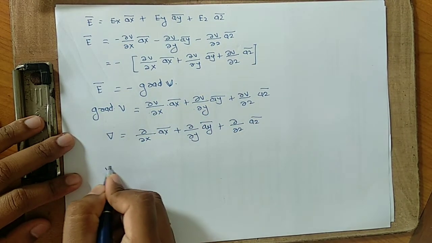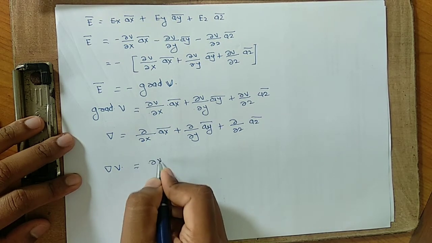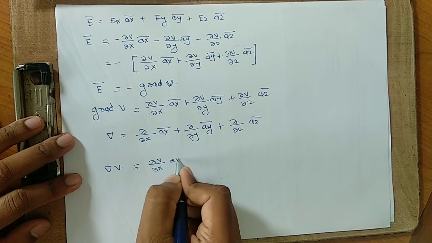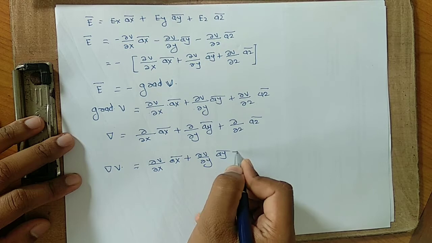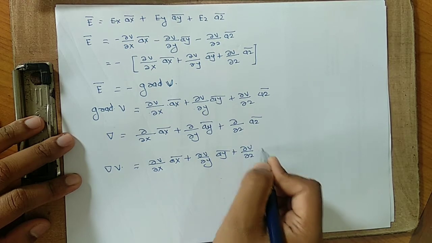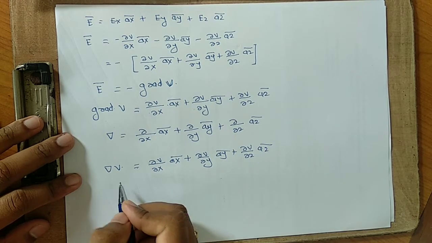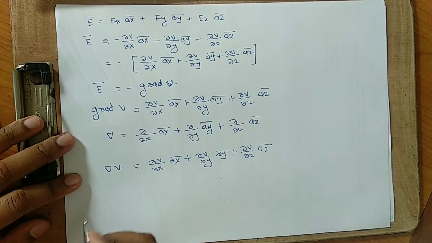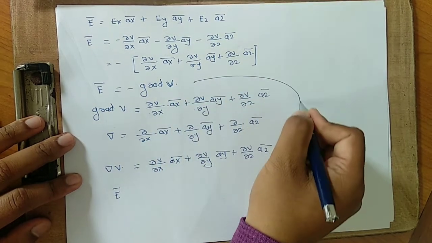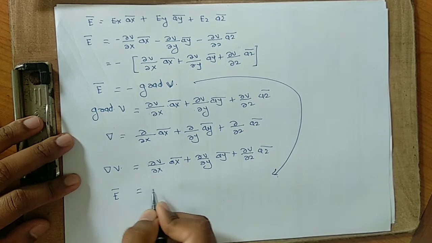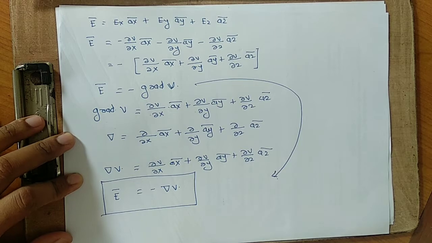It is del V. So del V is equal to del V by del x ax bar, del V by del y ay bar plus del V by del z az bar. That is, we have found del V. Now I can replace the gradient of V with del V. So E bar is equal to minus del V, and that is your final equation.